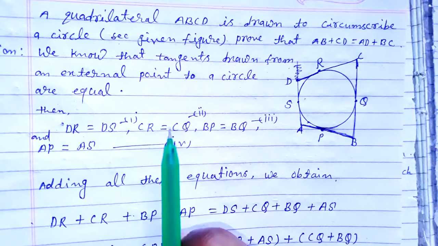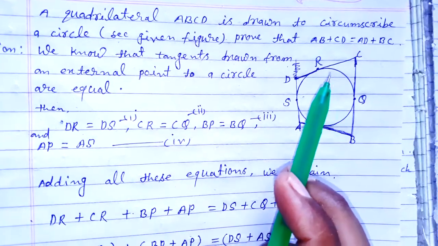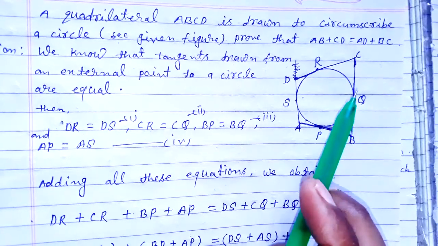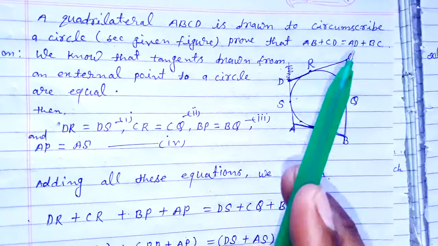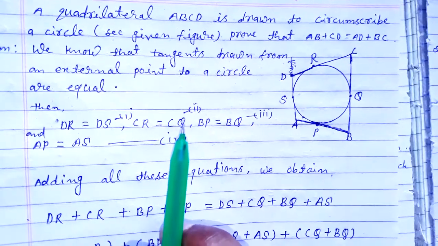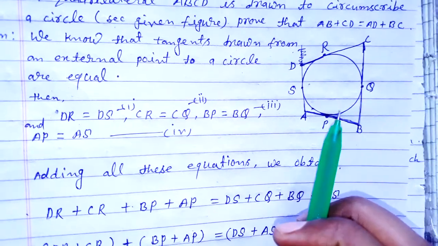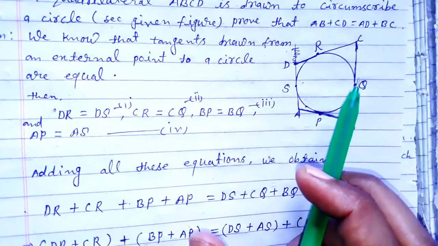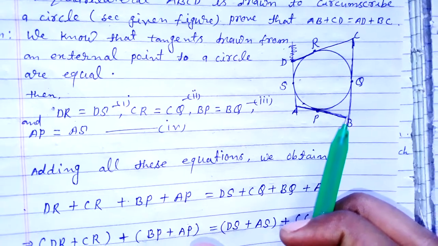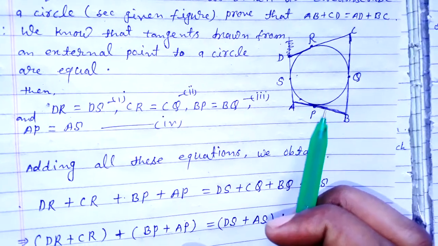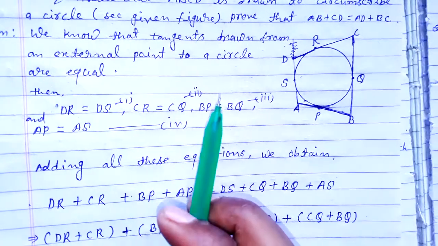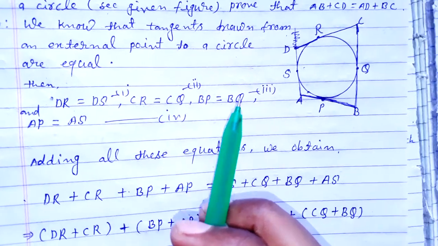Further, CR is equal to CQ. This is the external point. This is the second equation. BP is equal to BQ, because this is an external point, so these tangents are equal. This is the third equation.